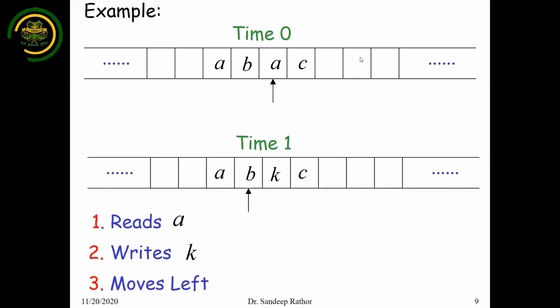Now, see the real example. In this real example, you can see initially this is time 0, time 1, and your head is in the position of A. This is a simple real example by which you can easily see the real execution of the Turing machine, how it will execute.